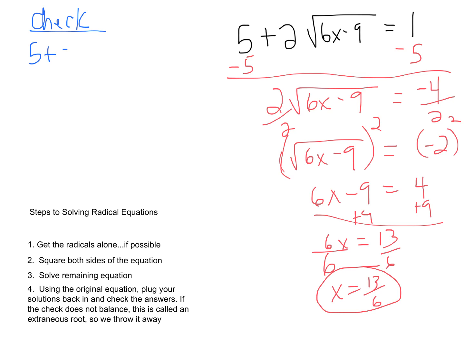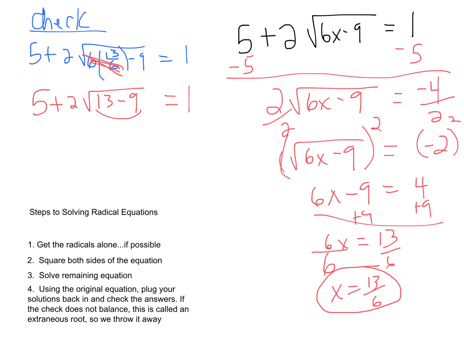5 plus 2 radical 6 times 13/6 minus 9 equals 1. So now I'm going to start inside the radical. Now remember folks, when we start in the radical, these cancel. Alright, so now we have 5 plus 2 radical 13 minus 9 equals 1.